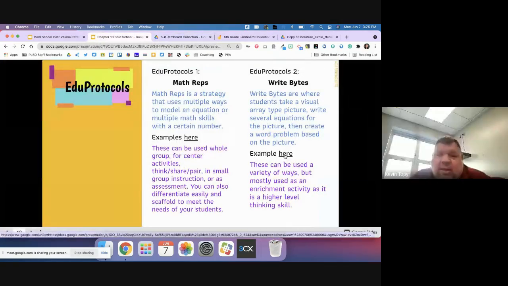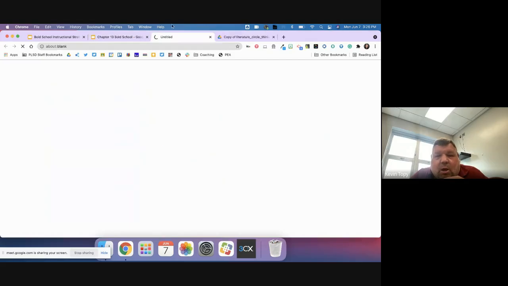And then the Right Bites, I think we might have done this one a little bit in our first class, if I remember right. They take a visual picture and it's set up like an array, but a lot of the ones I saw had one part missing. They write the equation several different ways, and then they have to write a word problem based on the picture. Katie and I talked, even at the middle school level, probably really hard.